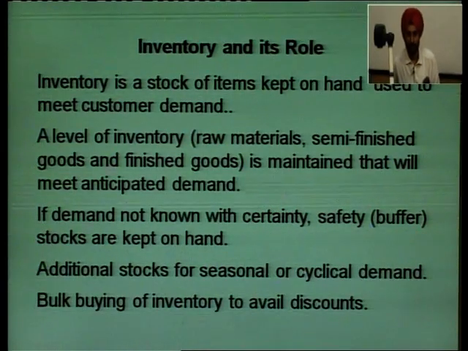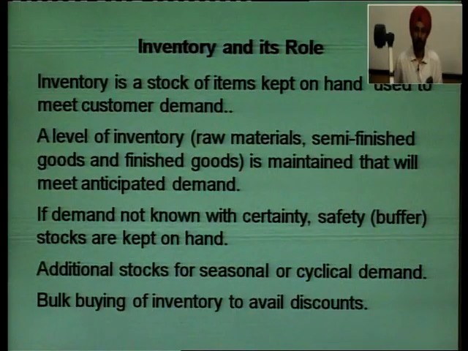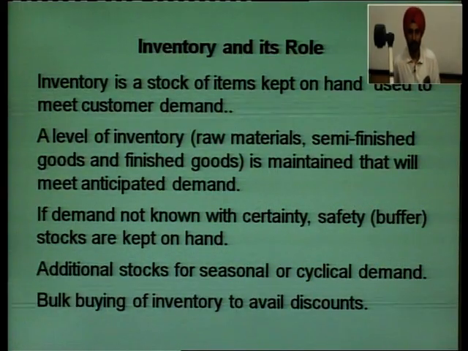So, today the topic of our discussion is inventory control. Now, we shall start with what is an inventory and its significance, its role. Basically, inventory is a stock of items that is kept on hand used to meet customer demand.